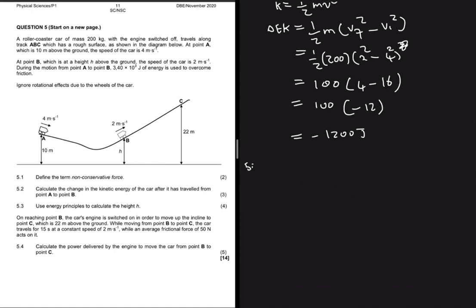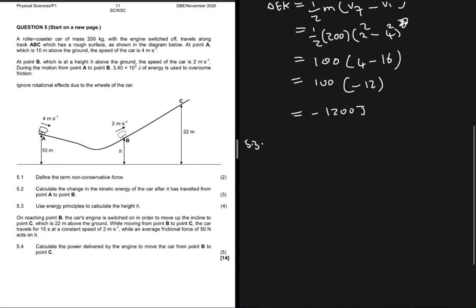Let's move ahead and go to 5.3. Use energy principle to calculate height h. There's 3 equations that should come to your head when you hear energy principle. Is that the mechanical energy at some initial point is equal to the mechanical energy at some final point.